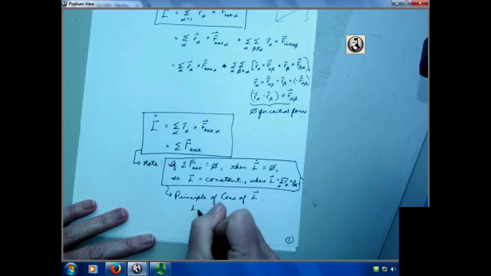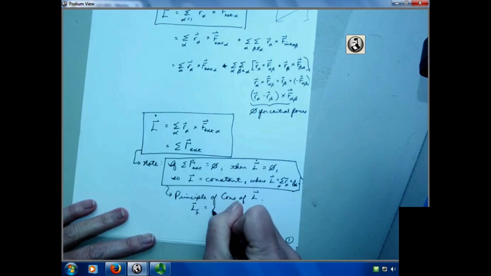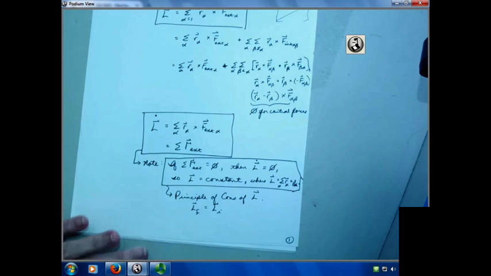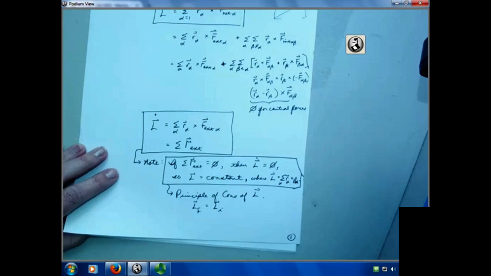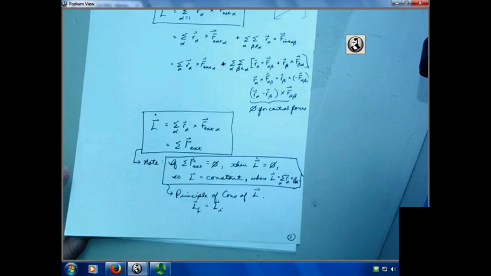So you can also write that. It's commonly written like so. L final equals L initial. Okay. So let's go ahead. Are there any questions about that? Cool. We'll be applying that in just a moment here.